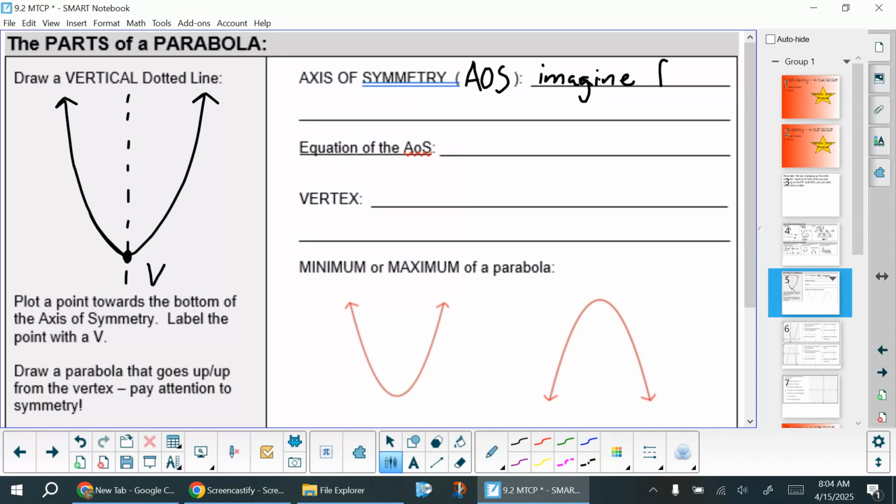So if you imagine folding your parabola so that the two sides, left and right side, meet up.